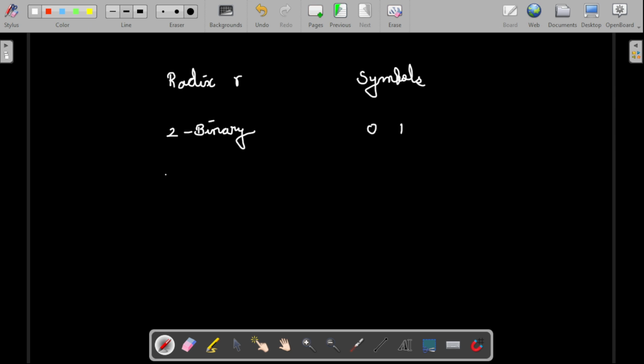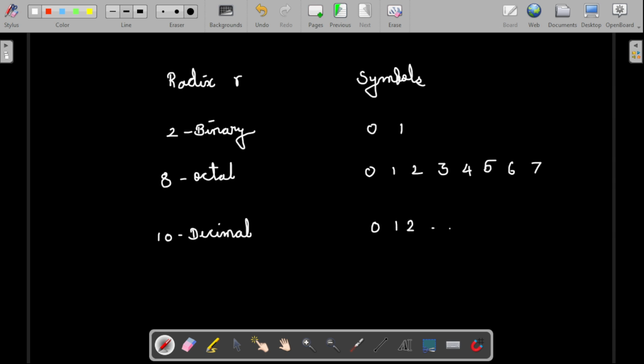Then 8, octal, which is from 0 to 7: 0, 1, 2, 3, 4, 5, 6, up to 7. Then decimal, the normal mathematics we work with: 10 symbols, from 0, 1, 2, 3 up to 9. Then 16, hexadecimal.